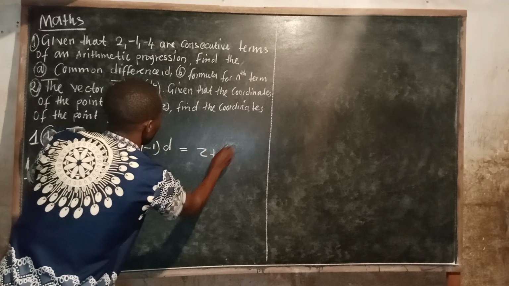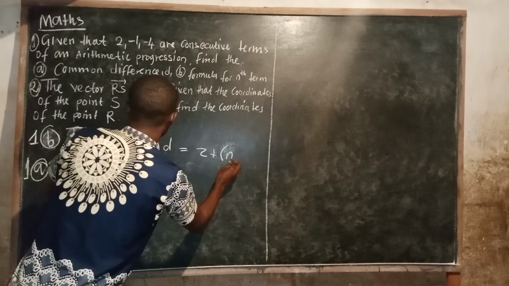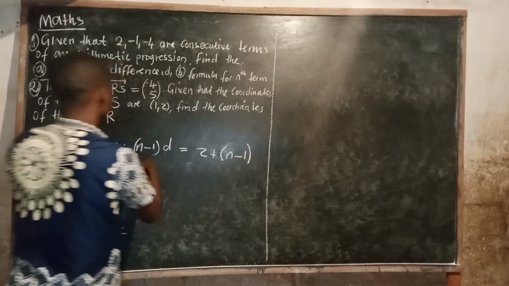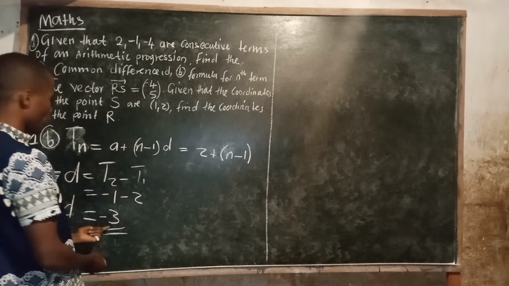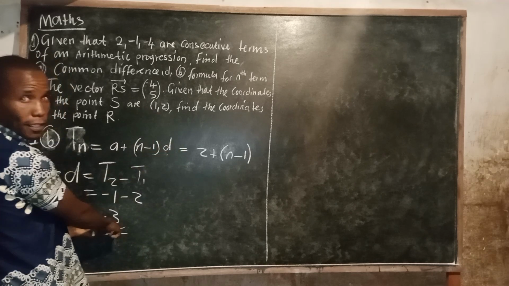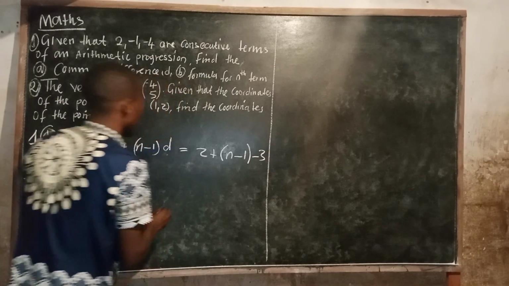Then plus n, which we don't know, since it's the one we are going to find the formula for. Then we have 1 there. Then the common difference we have already found, which is negative 3. So where there is D, you are going to put negative 3.